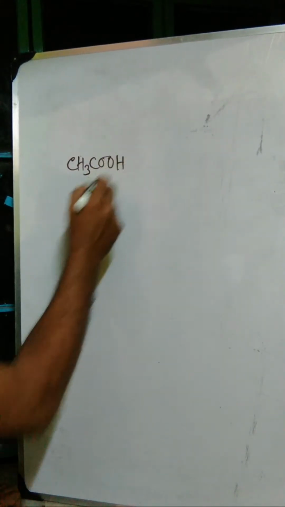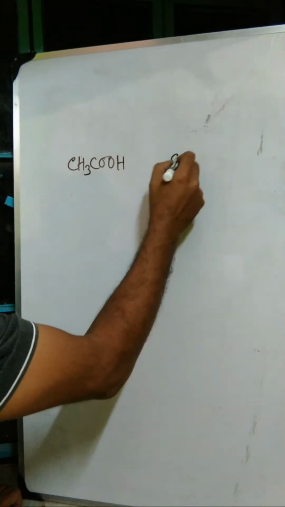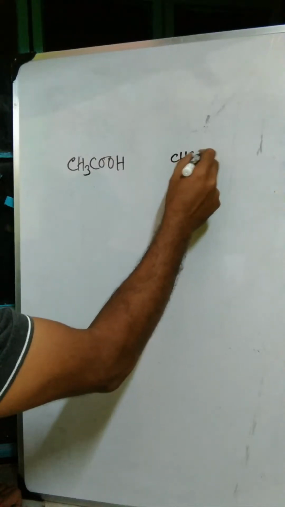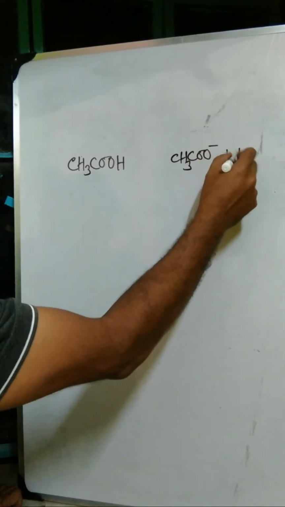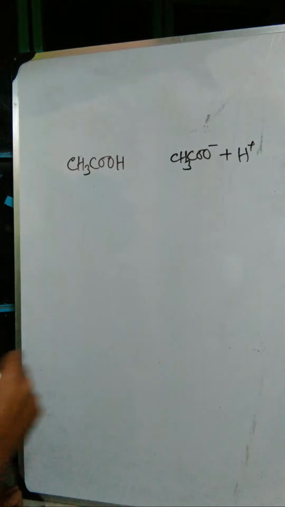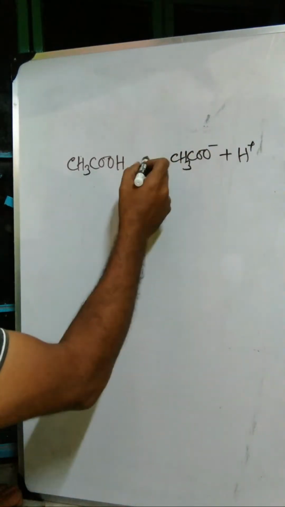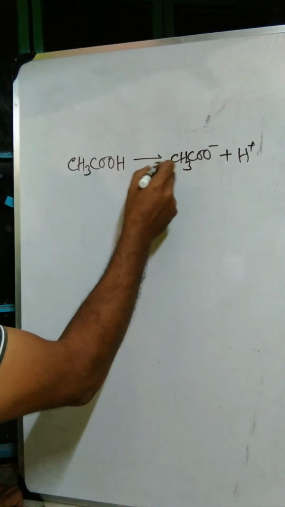Acetic acid, being a weak acid, dissociates less to form CH3COO minus and H plus. So after forming that maximum, the reaction becomes reversible in nature.